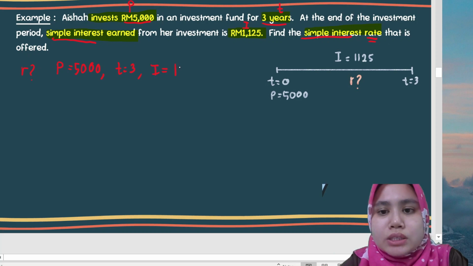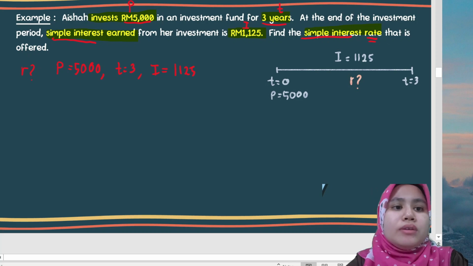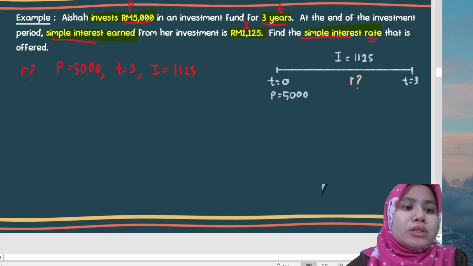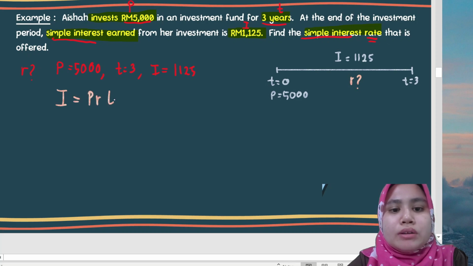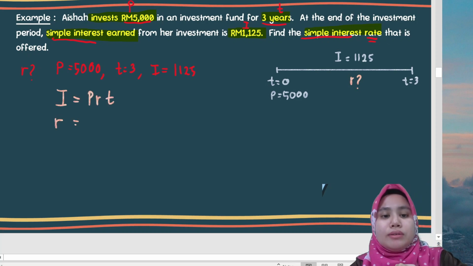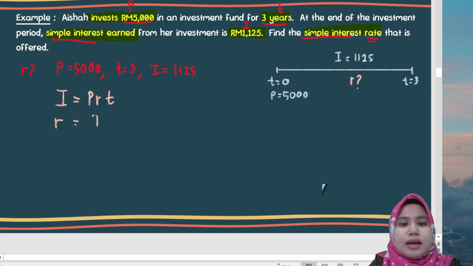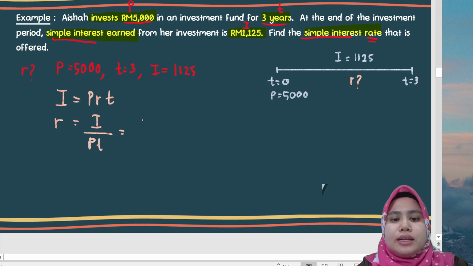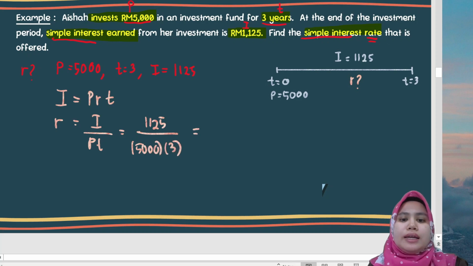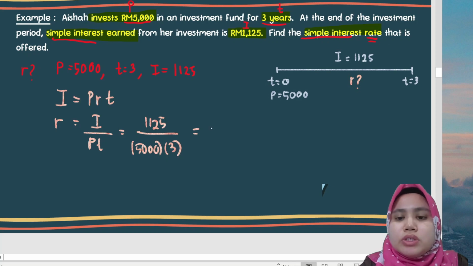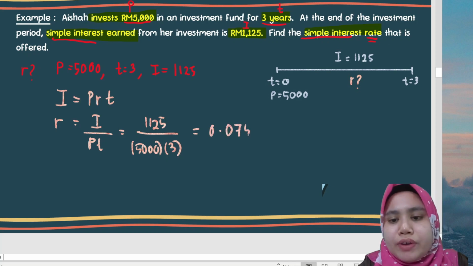Our capital I is 1125, and we want R. These 4 values are connected with the formula I equal to PRT. If you want to find R, it is I divided by P and T. So let's calculate. Put the values in one by one, and don't mistake the values. 5,000 multiplied by 3. At the end you will get R is 0.075.